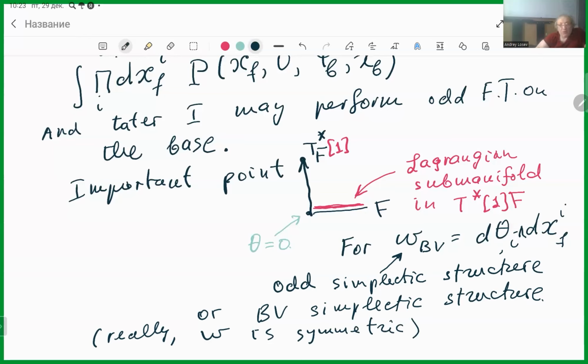And in the super world, the concept of symmetry under interchange of things is a bit different. Of course, you're absolutely right. d theta and dx are symmetric, but the concept of Lagrangian submanifold holds.